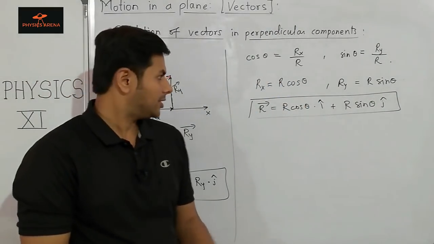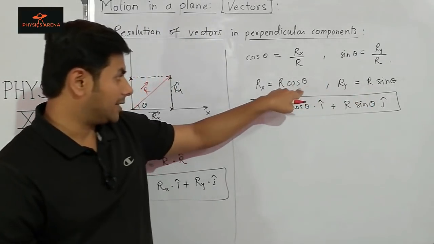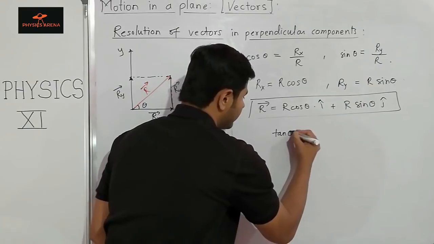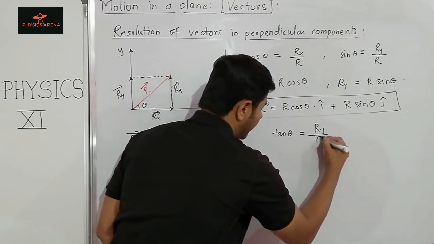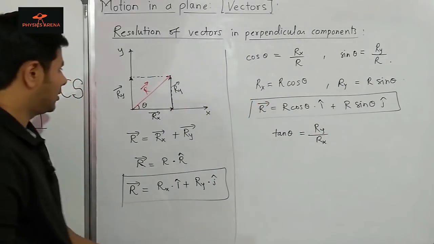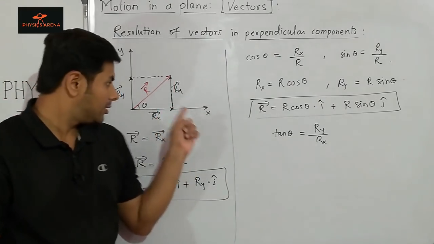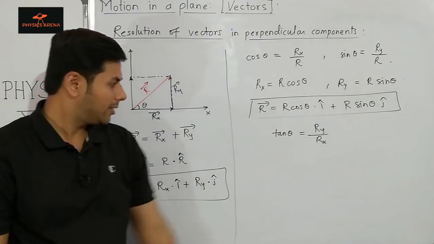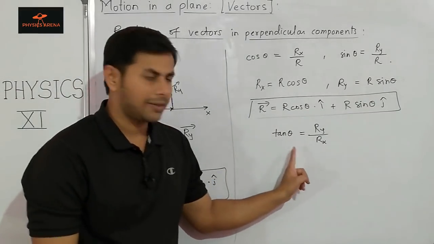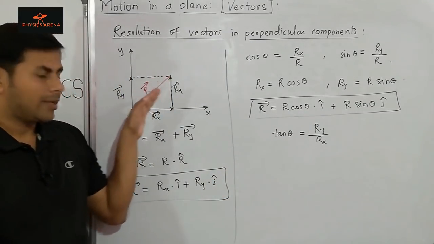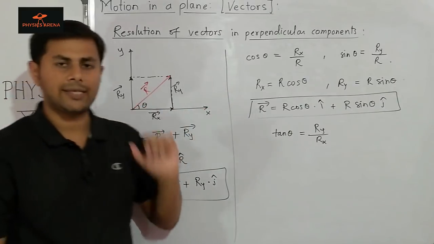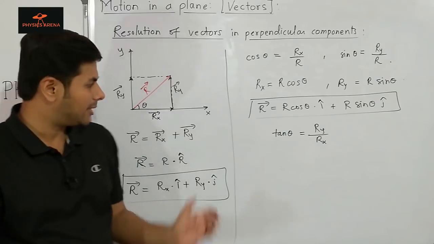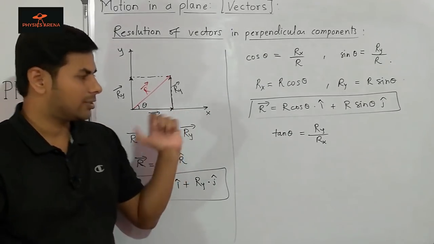Okay, now we can just divide this equation by this equation, and doing that we'll get tan theta equals ry divided by rx. So tan of theta is the opposite side upon the adjacent side, so it is ry divided by rx, and theta gives me the direction of r bar with respect to the x-axis. So it gives me the direction of the resultant of rx bar and ry bar with respect to the x-axis.